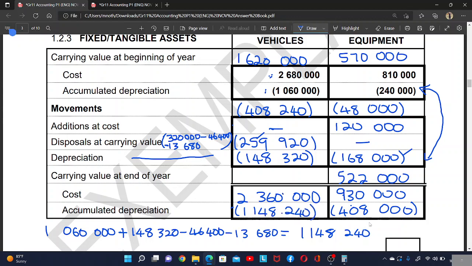Now to get the carrying value at the end of the year, say cost minus accumulated depreciation, which is going to give you the carrying value of 1,211,760.